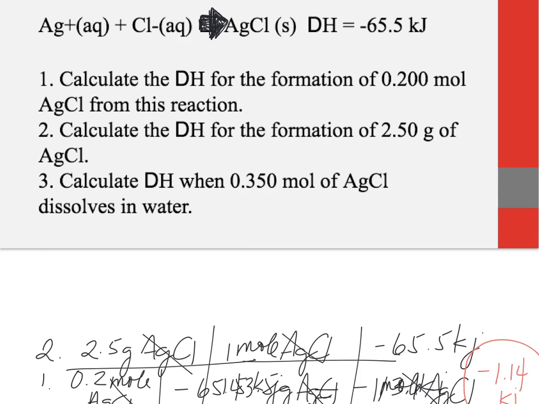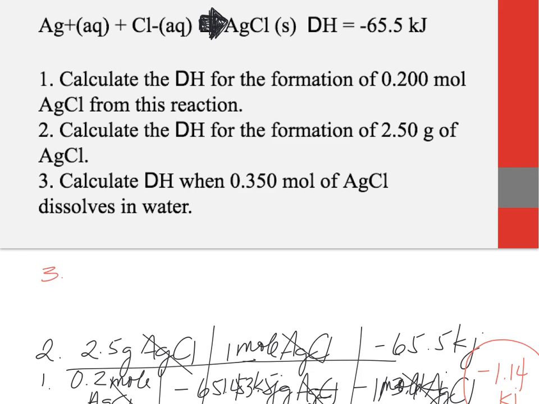In the last problem, calculate delta H when 0.35 moles of AgCl dissolves in water. Well, let's think about this one. Our reaction is representative of aqueous silver ions and chloride ions forming the precipitate.